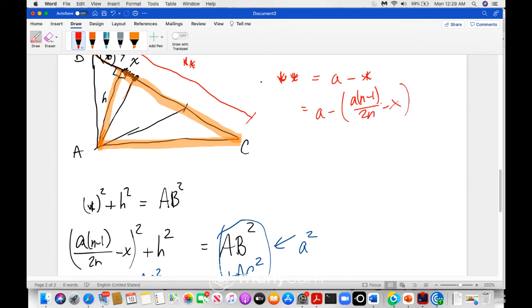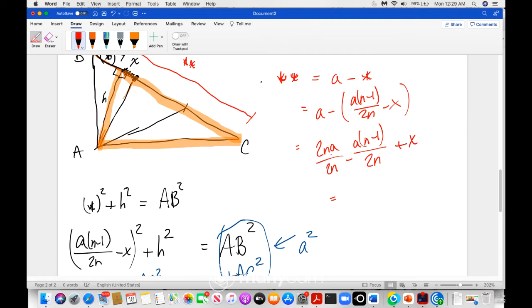So when I distribute the negative, I'm going to rewrite a as 2n a over 2n. See, the 2n's cancel, and I'm really just writing a in a fancy way. Minus a times n minus 1 over 2n plus x. But then the 2n's combine on the denominator.